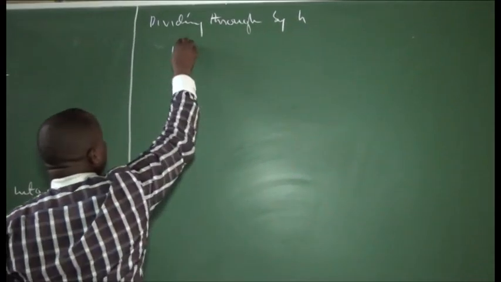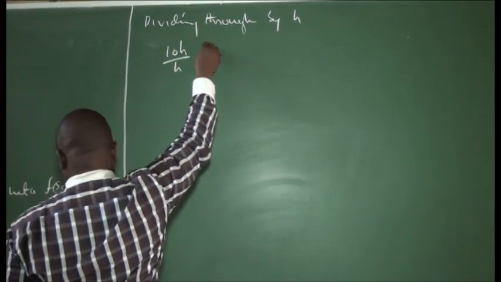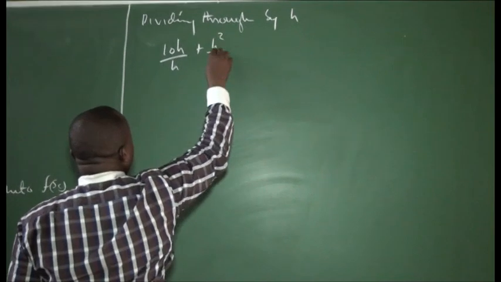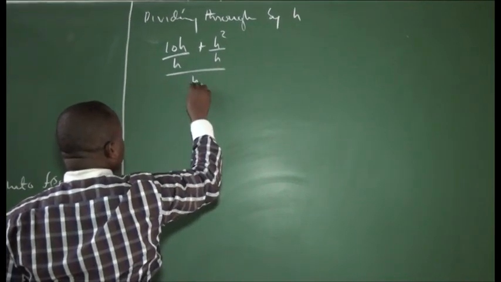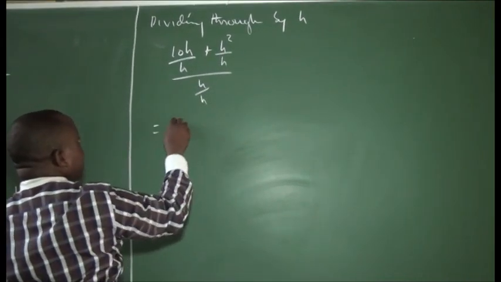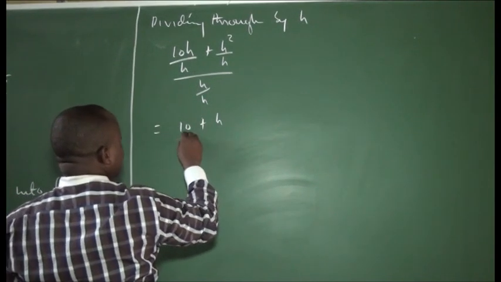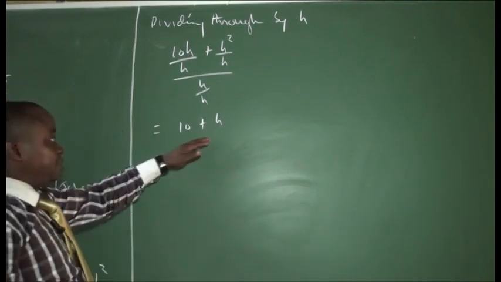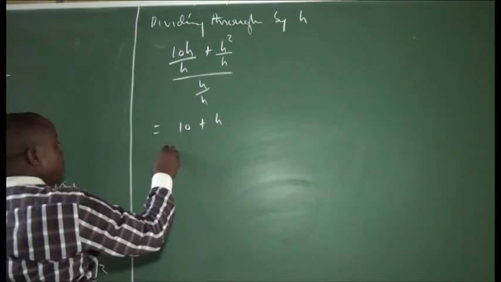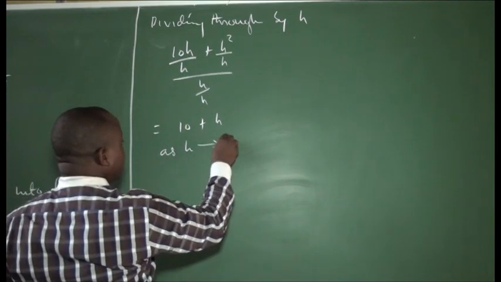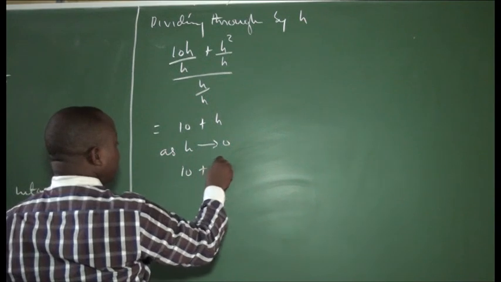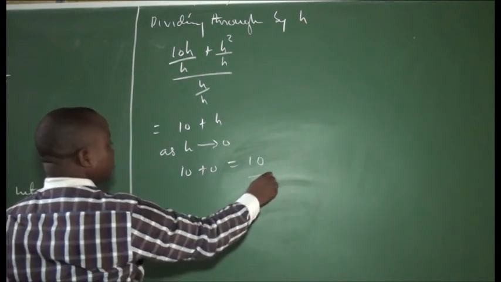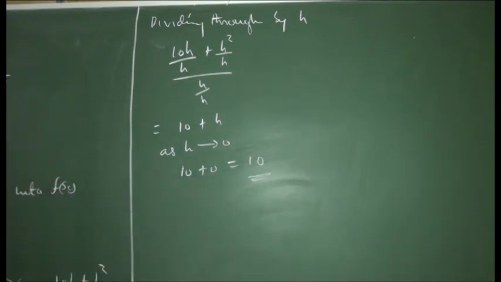Then we'll have 10h divided by h plus h squared divided by h over h divided by h, which gives 10 plus h over 1, which is 10 plus h. So as h approaches 0, we have 10 plus 0, which is 10. So the limit there is 10.